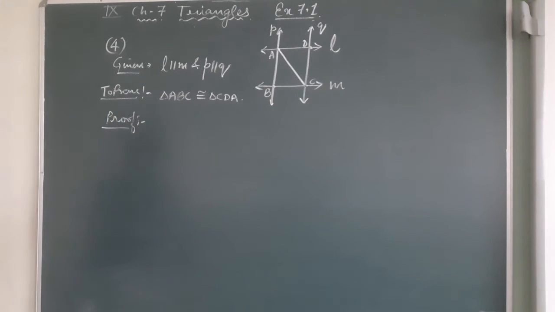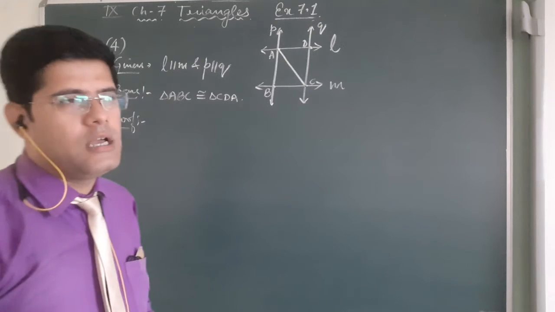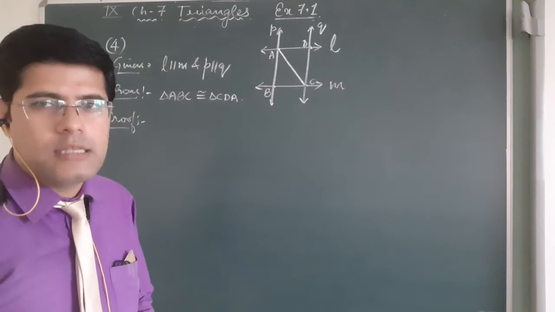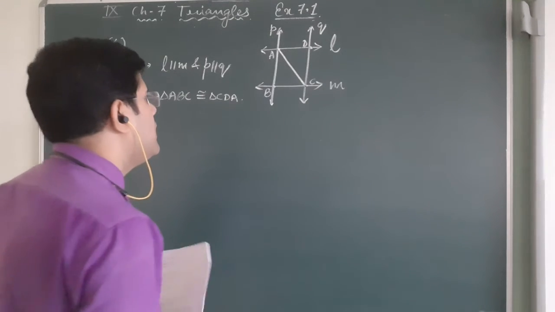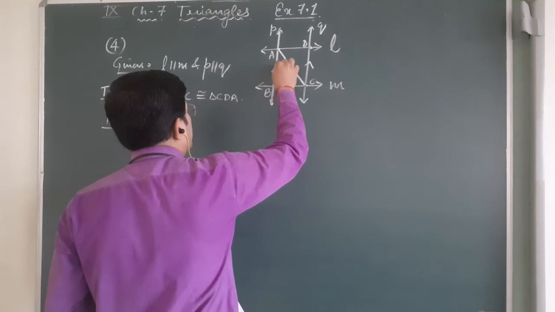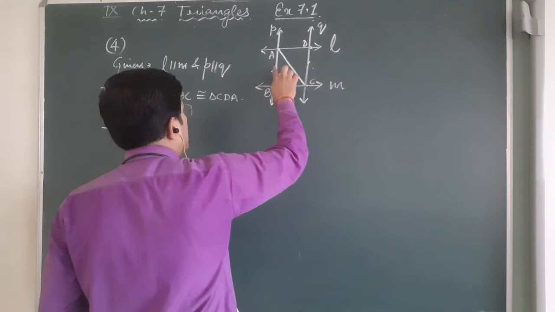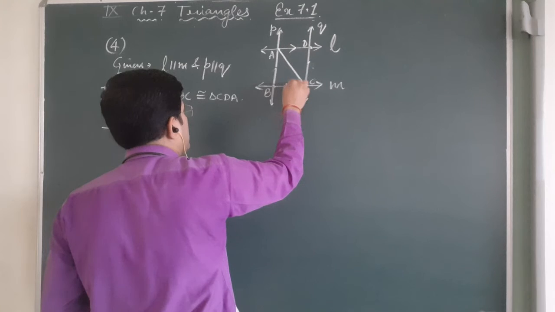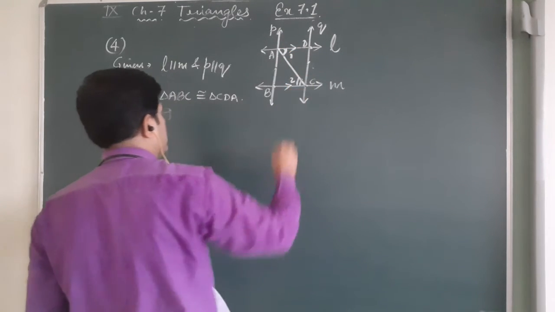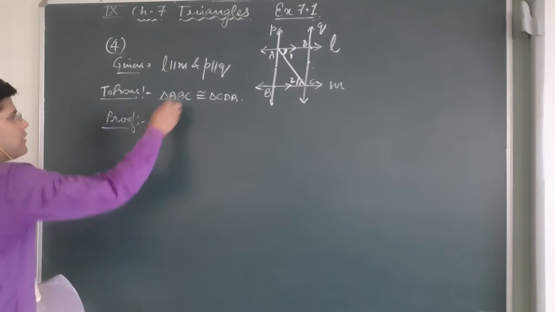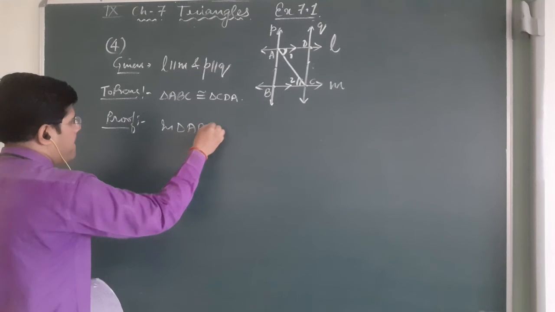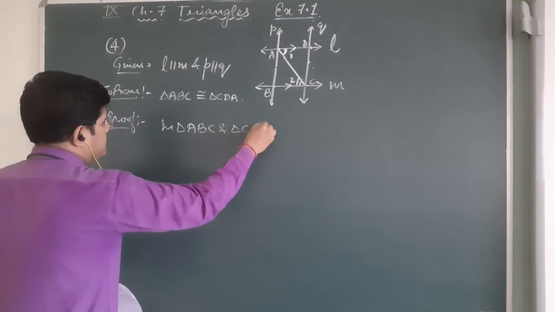So here I am going to use the properties which I taught you in the previous chapter about the parallel lines concept. So here L parallel to M. So we can say angle 1 equal to angle 2. Firstly we have to write the triangles, mention triangle ABC and triangle CDA.